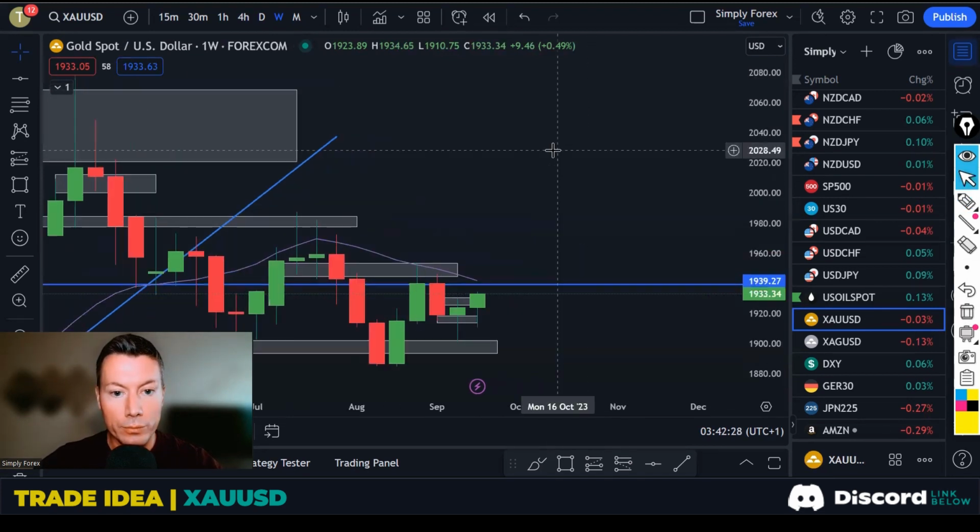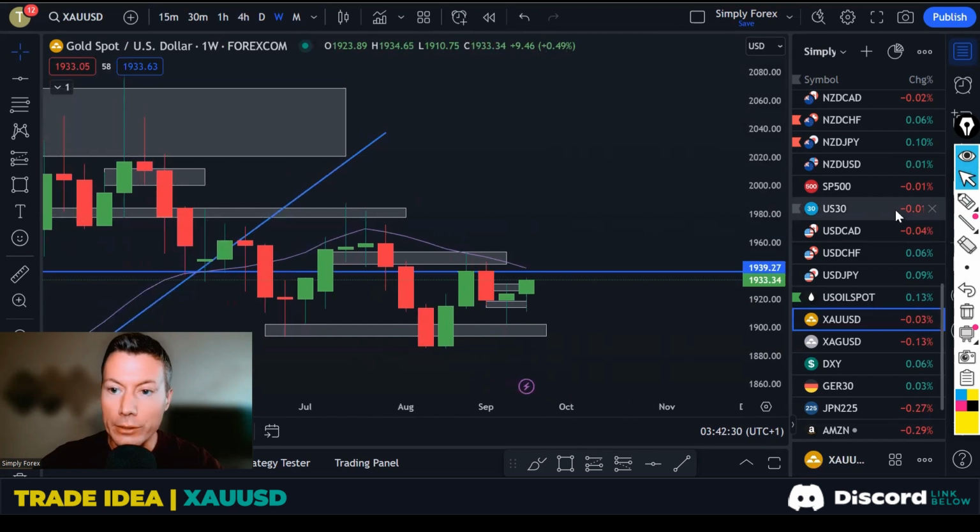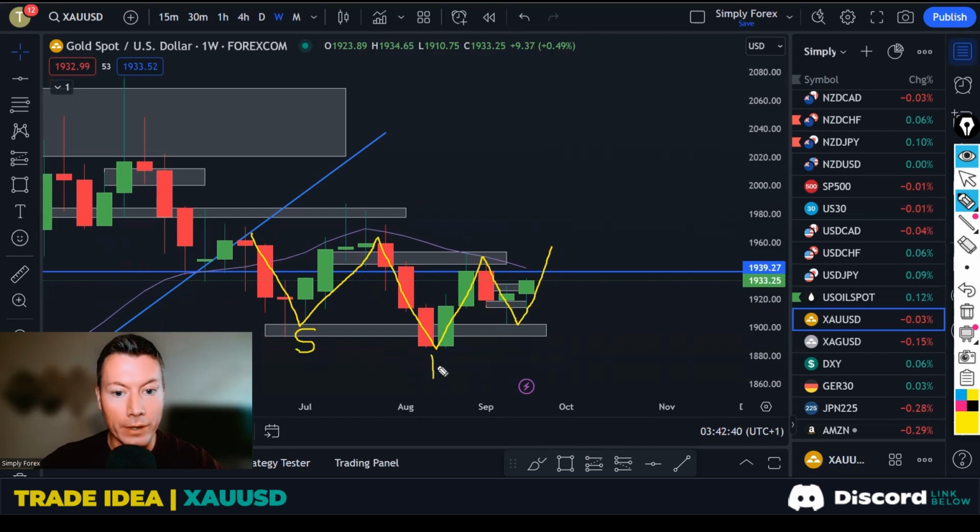And if I zoom in, is this the start of a head and shoulders pattern? This is a shoulder. This is an inverse head and shoulders pattern. That's the head, that's the shoulder. Are we potentially seeing the start of that on a weekly chart?